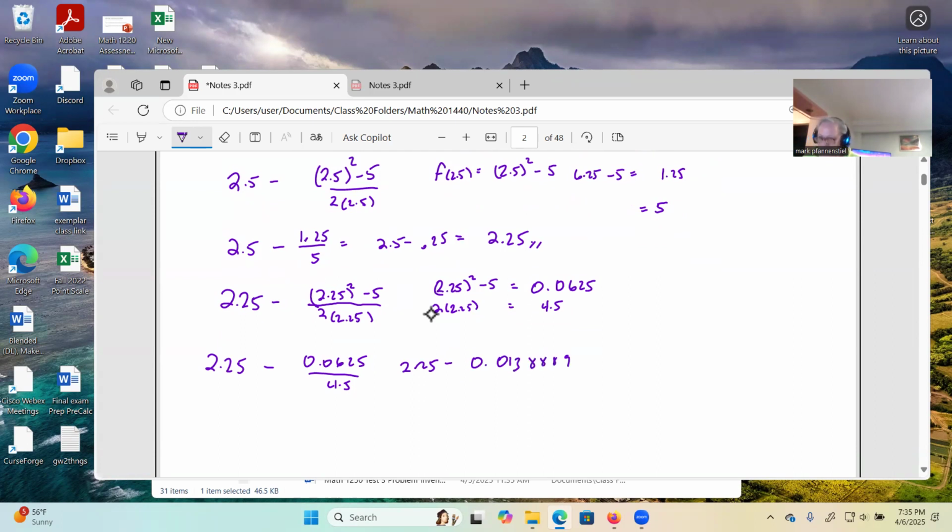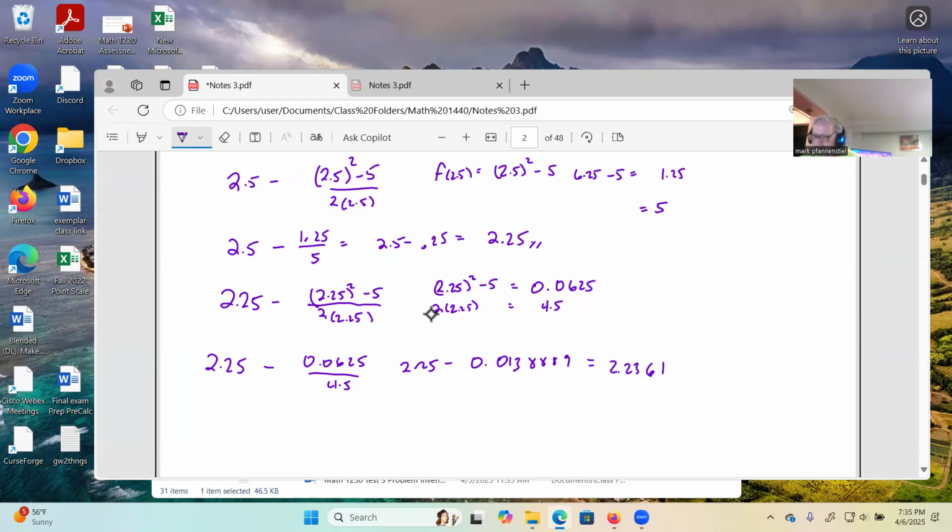I'm trying to be a little bit better about seeing what's going to happen here. So we can go ahead and check that out. When I plug that in, look at this, we get 2.25 minus 0.013 and so on, and we end up with 2.2361.